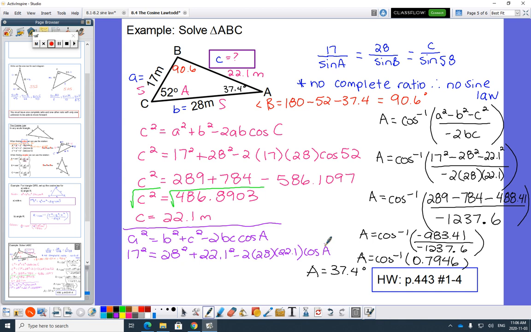Okay, so 17 squared is 289. 28 squared is 784. 22.1 squared is 488.41.